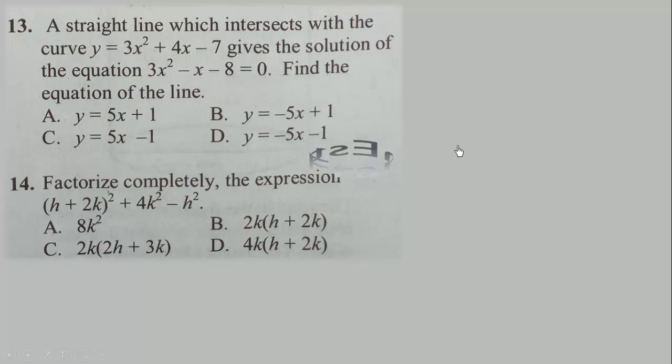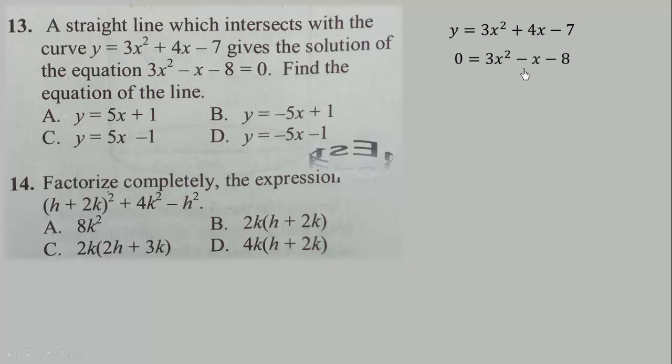So what do they want us to do? We need to compare this equation and this equation. So these are the two equations given to us. We write them in such a way that 3x squared will correspond to 3x squared, the x term will also correspond, and the constant term will also correspond.